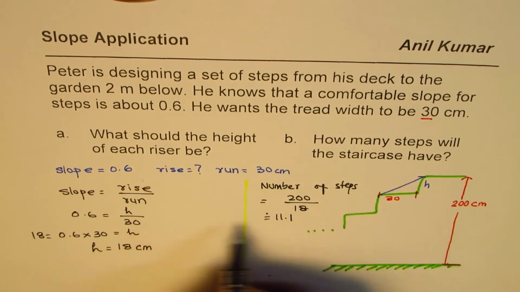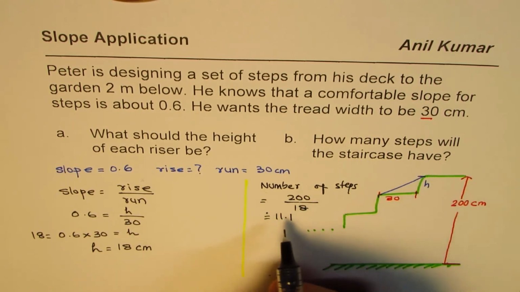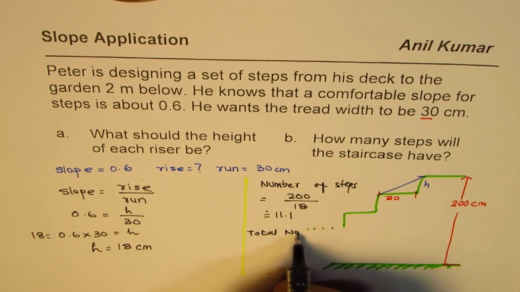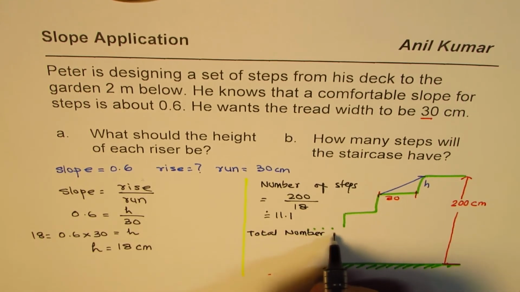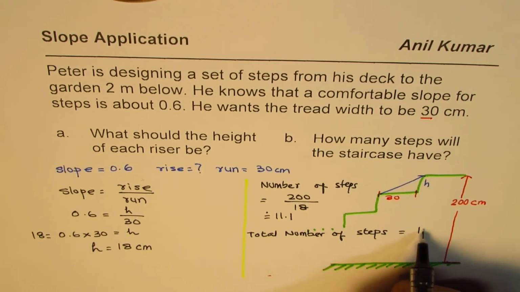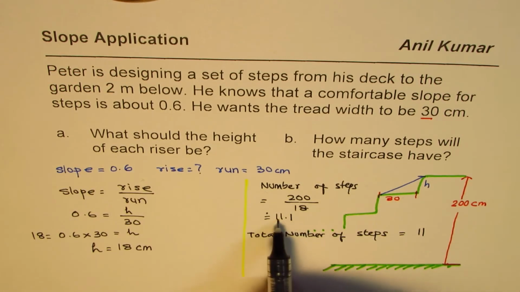So in such cases, since this is a practical example for us, we'll say that the total number of steps is equal to 11. So we'll keep steps to 11. Total number of steps will be 11.